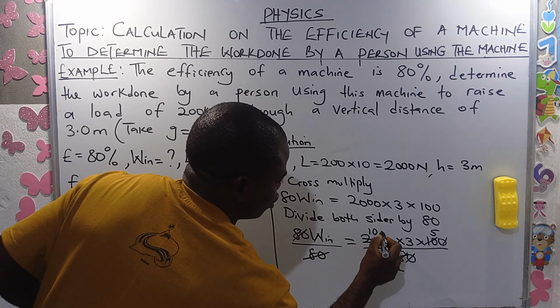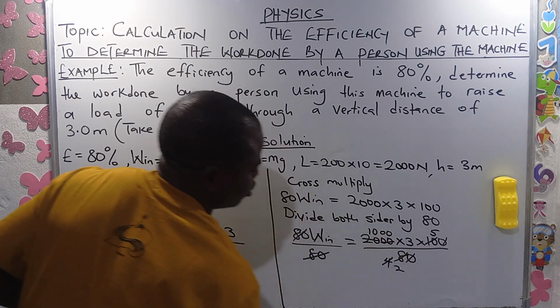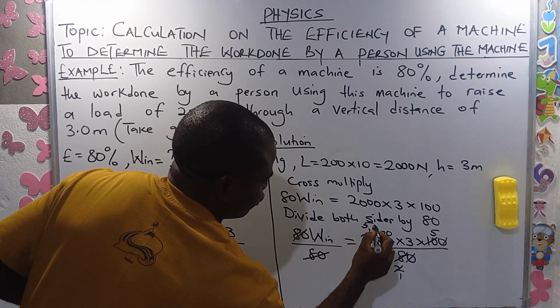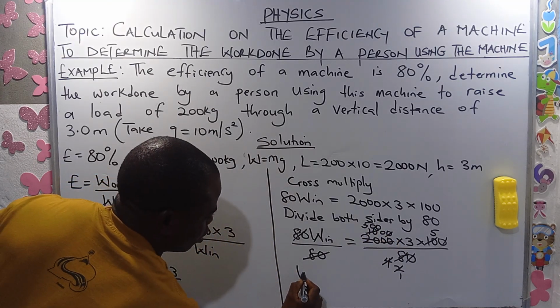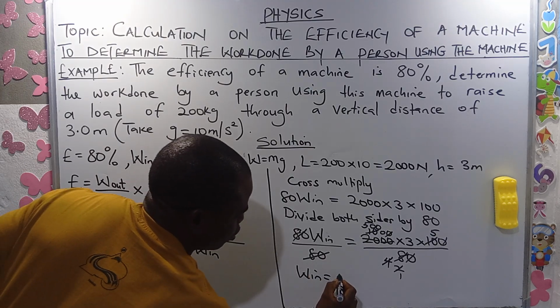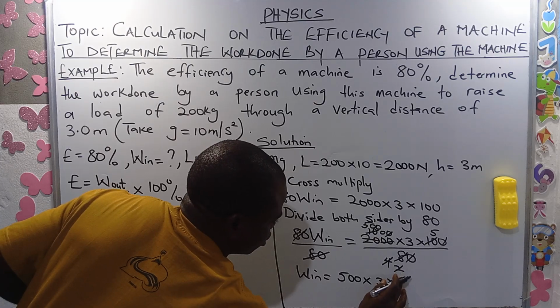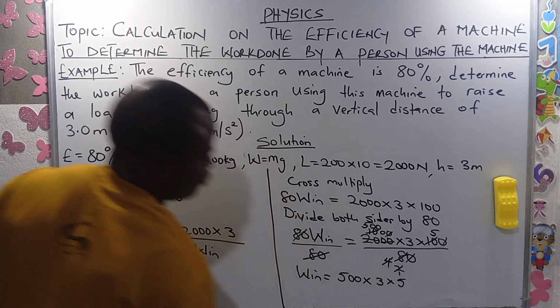Bring the remaining 2, 1, 0, 0 up. 2 in 10, 5, bring the 0, 0 up. You're left with work input equals 500 times 3 times 5.